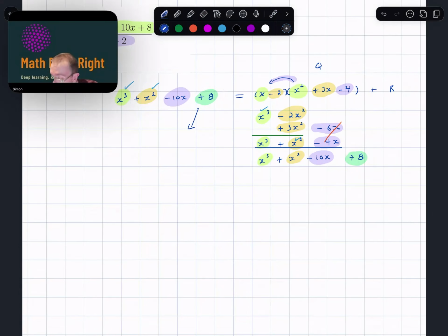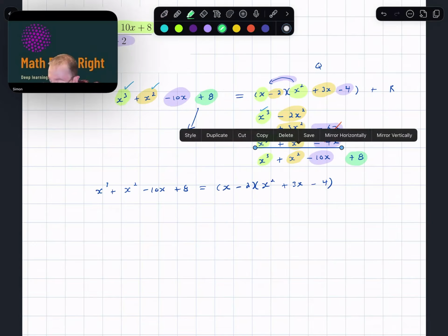So that means that our division statement is going to be, put it down here where we have space, x cubed plus x squared minus 10x plus 8 is equal to x minus 2 times x squared plus 3x minus 4. We might have known that initially, right?